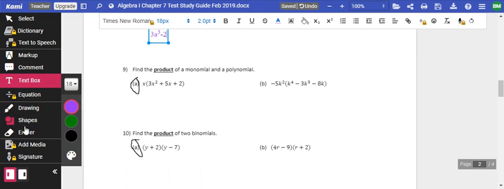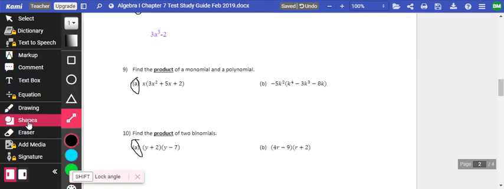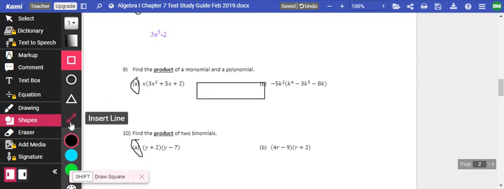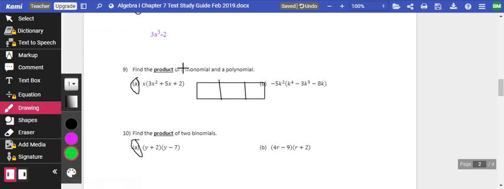Multiplication here, I like to put it in again like a Punnett square type deal. And I like to write the terms. You could just think of it as distribution if you wanted to, but again, I like it better this way. We've got x, 3x squared, 5x, and 2.